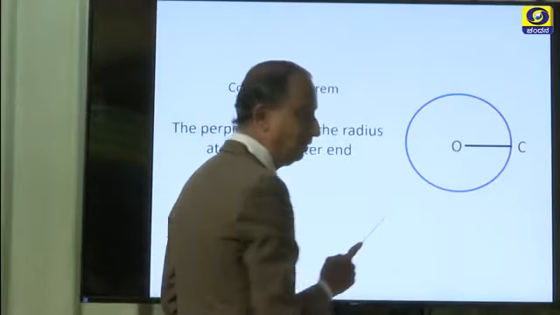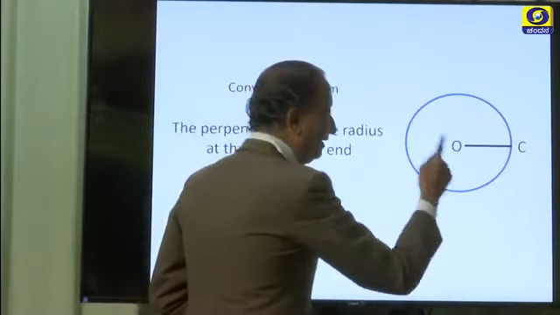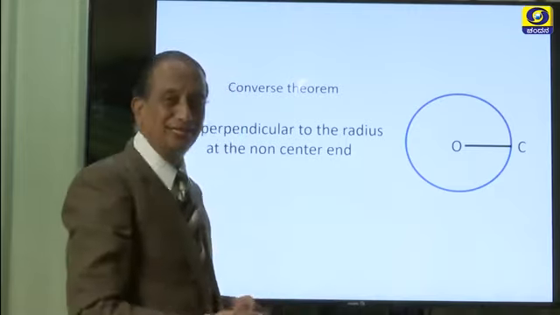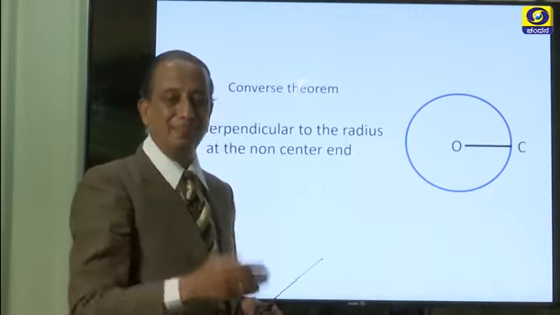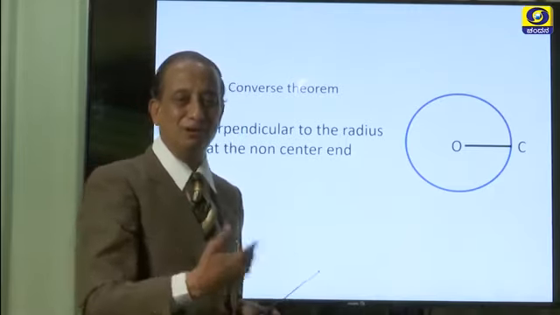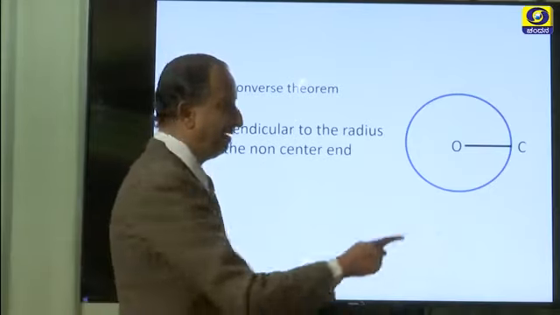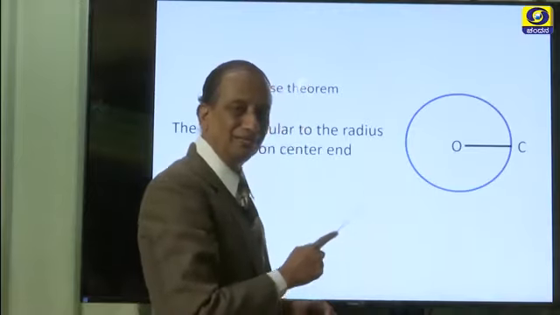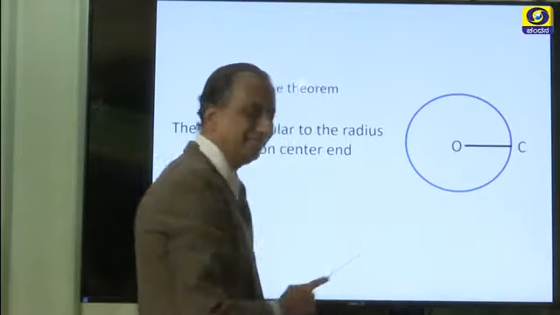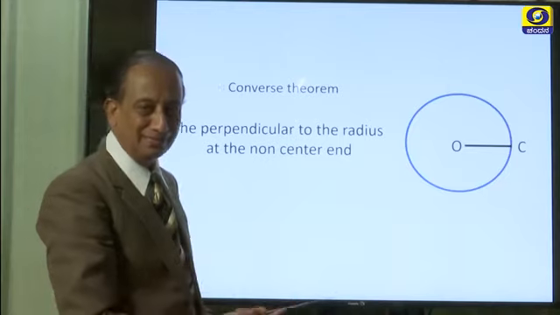This end is called the center end, this end is called the non-center end. Like in a cricket match, we say the bowler is bowling from the pavilion end, in the same way this end is called the center end, this end is called the non-center end.